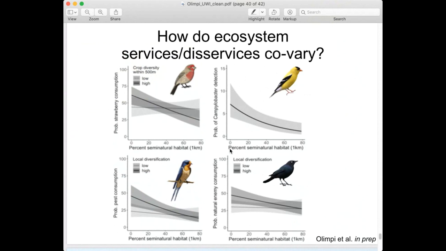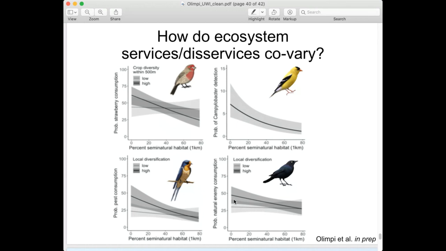So we also need to think about how these ecosystem services co-vary. These are the 4 main pathways that we looked at. So we looked at birds damaging berries. We saw that they were less likely to do that in areas with more semi-natural habitat. We also saw the same trends for pest control and disrupting pest control and pathogen prevalence.